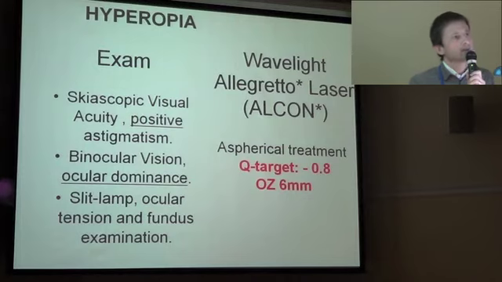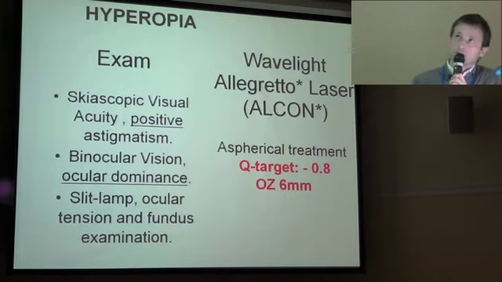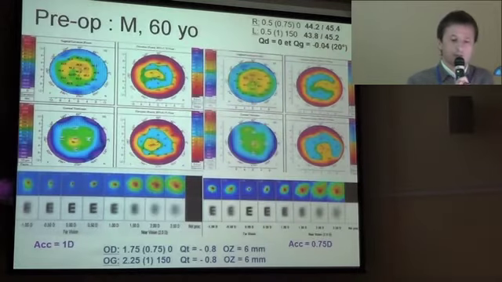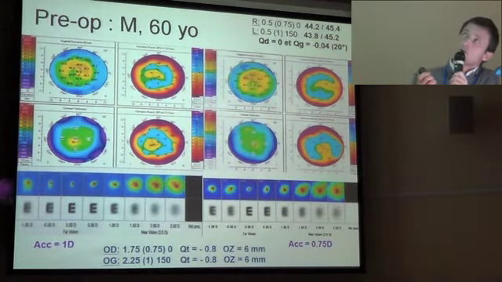You will see another presentation in some minutes which can give a slightly different program protocol that we can discuss. An example, it's an ophthalmologist patient. Five years ago, you have the refraction. It's a hyperopic patient.